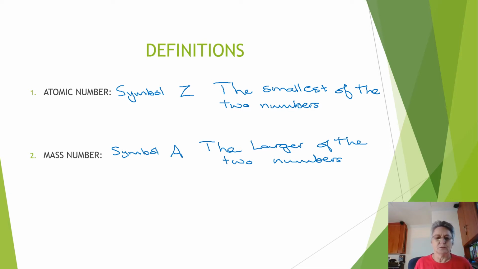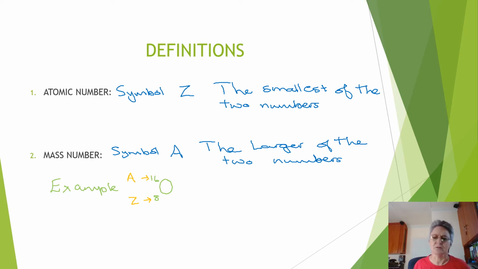An example would be oxygen. Now, to use the standard notation, oxygen 16(8). The 8 is the atomic number, and the 16 is the mass number.